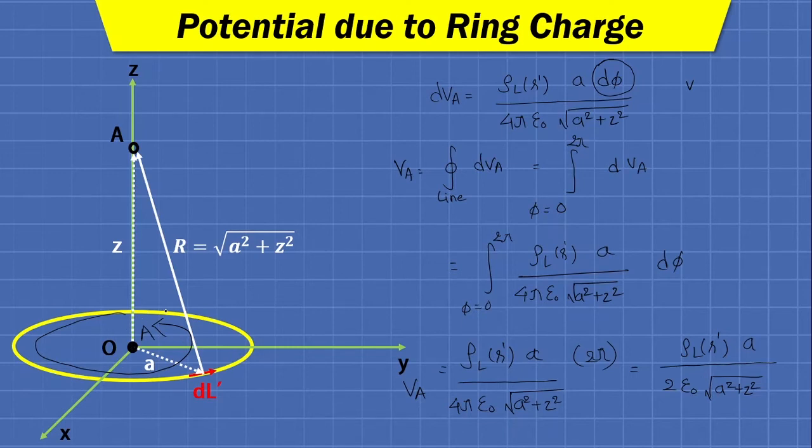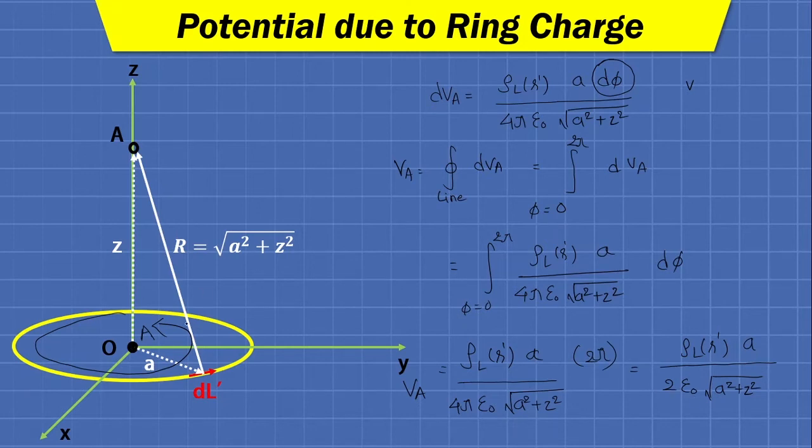So for larger rings, the potential will be smaller at the center, and for smaller rings the potential will be high at the center. This is just an observation that we can make from the derivation. Fine. But the final equation is rho L as a function of r prime multiplied by the radius of the ring divided by 2 epsilon naught.